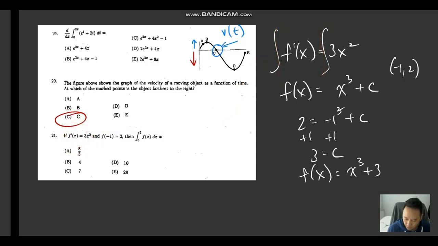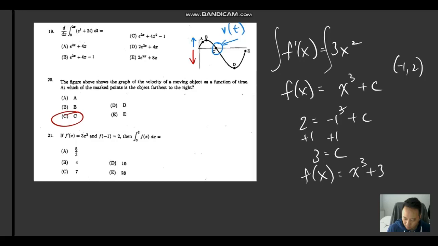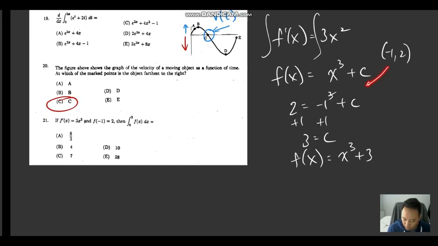Integration of a derivative gives me the actual function, and integrating 3x squared, you get x cubed, and then here's your plus c. Then I'm going to take the initial value point, negative 1, 2, from the problem here: f of negative 1 equals 2. Substituting in here, we solve for c. So great, c equals 3. Therefore, f of x equals x cubed plus 3.